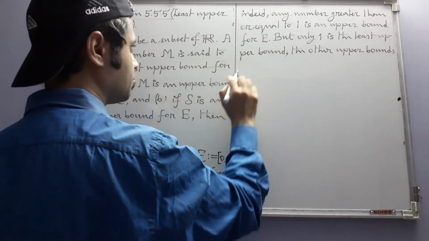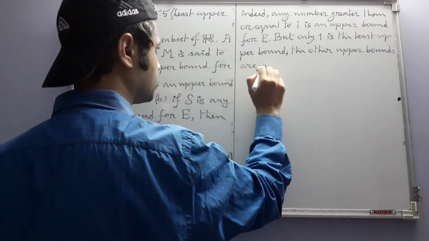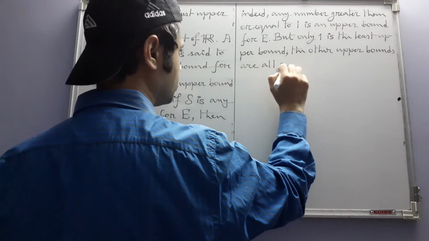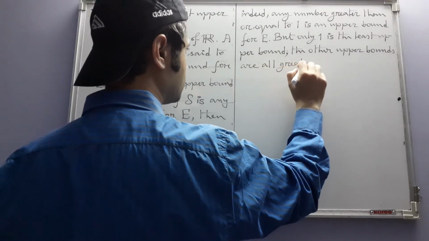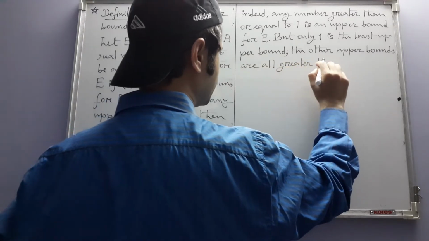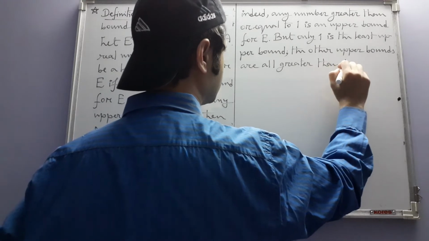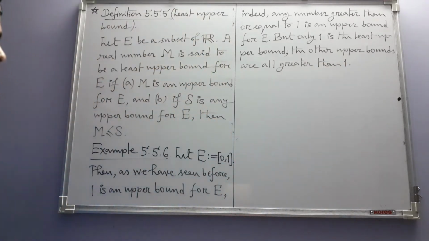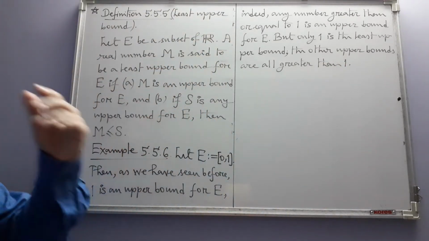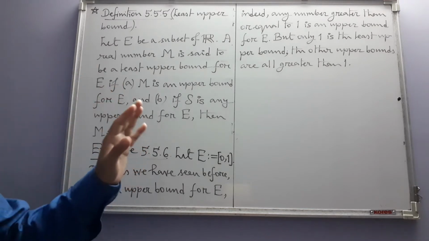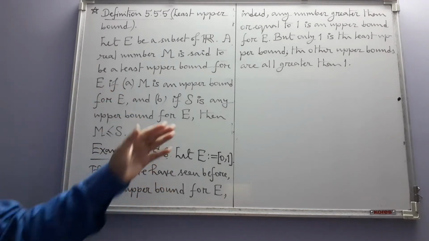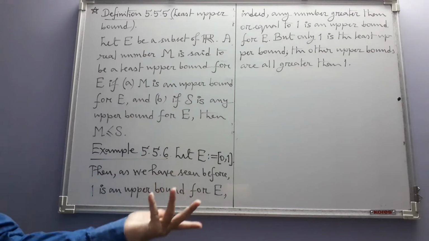The other upper bounds are all strictly greater than 1. We are simply stating this without a proof, but a proof can easily be given.